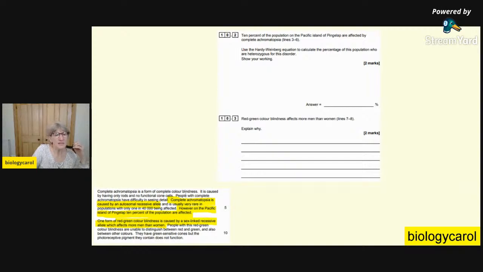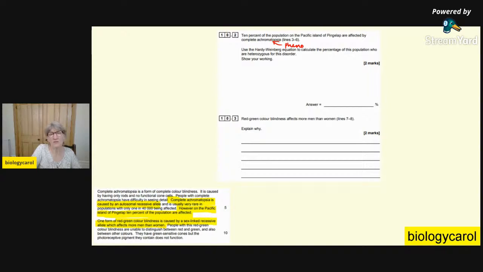They tell you down here, 10% of the population on this specific island of Pingelap are affected by complete achromatopsia. Use the Hardy-Weinberg equation to calculate the percentage of this population who are heterozygous for this disorder. Notice that they are giving you phenotypic information.